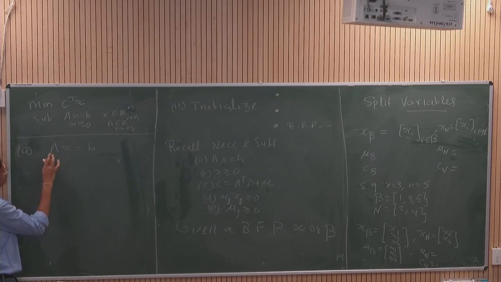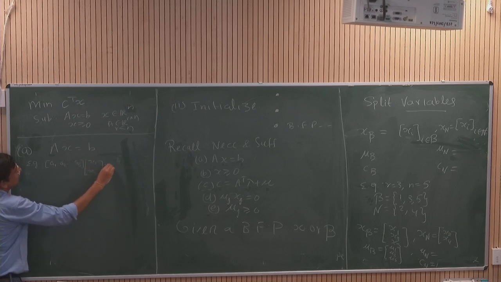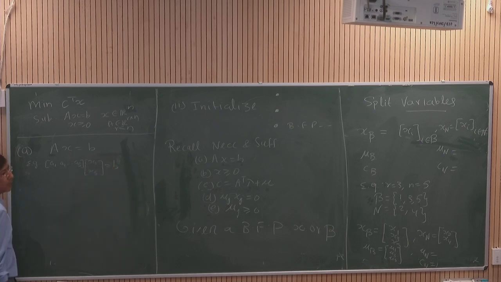Let's say in this example, I write A1, A2 till A5, x1 till x5 is equal to b. For the example I have taken, r is equal to 3 and n is equal to 5. So this is A1 x1 till A5 x5 is equal to b. These are the columns of the A matrix I have written.